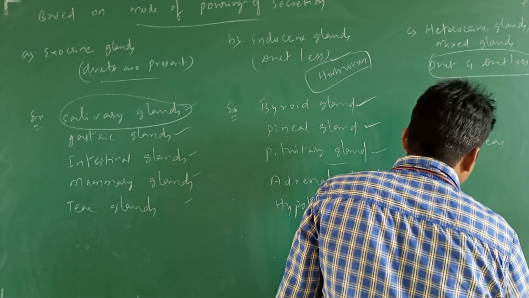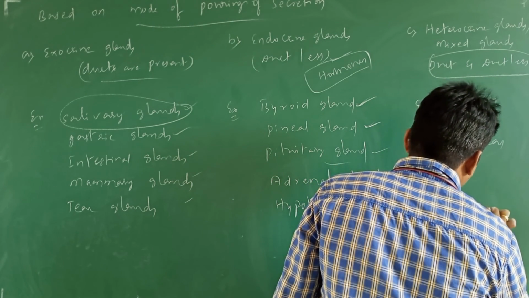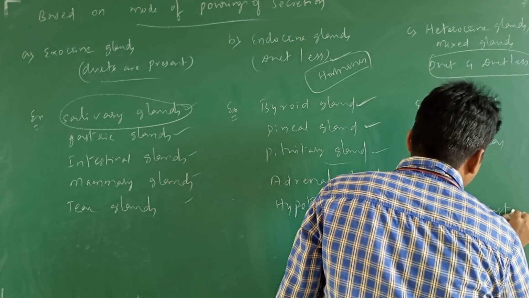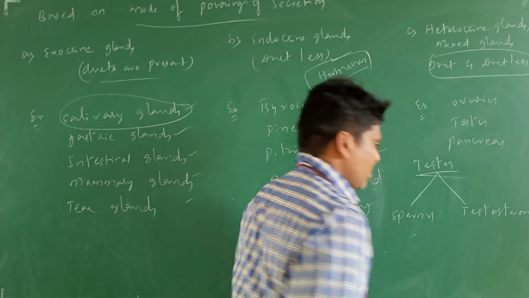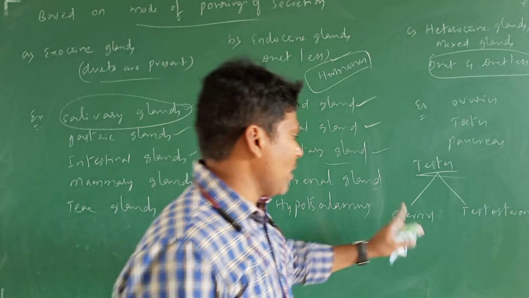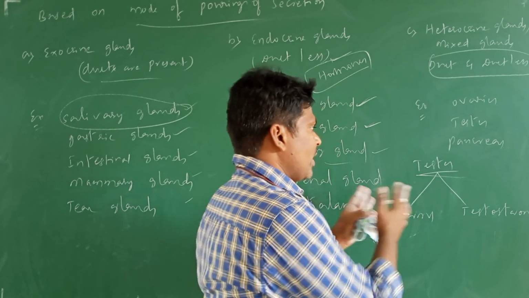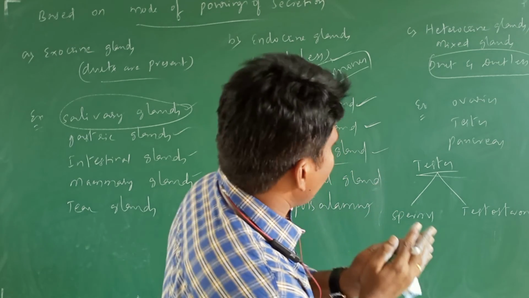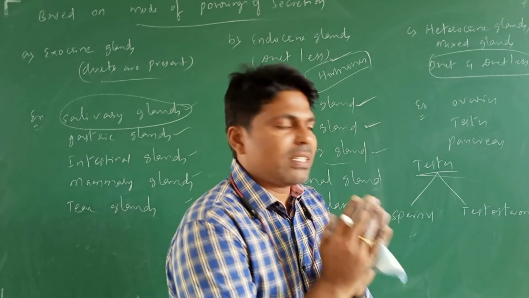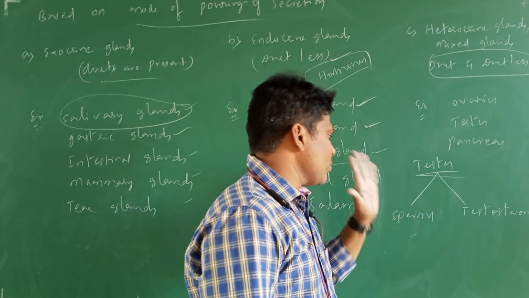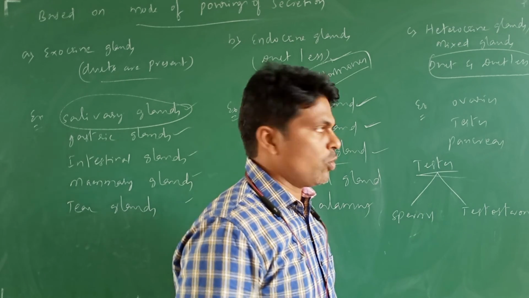The testes also produce the hormone testosterone. Testosterone is responsible for male secondary sexual characters and development of the sperms, and it has many other functions too. So part of the testes acts as an exocrine gland and part acts as an endocrine gland. The exocrine gland produces sperms, and the endocrine gland produces testosterone.